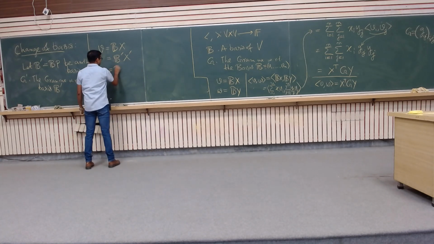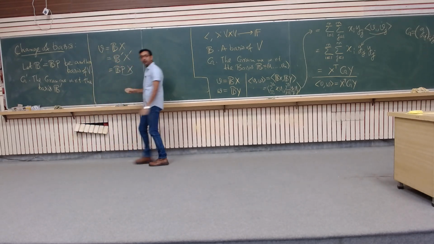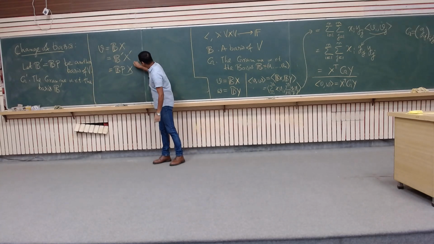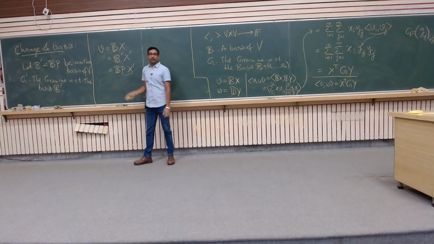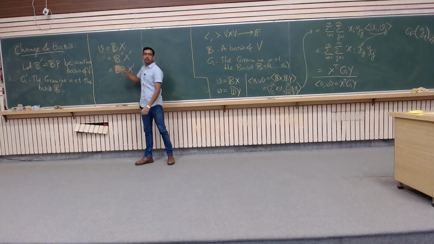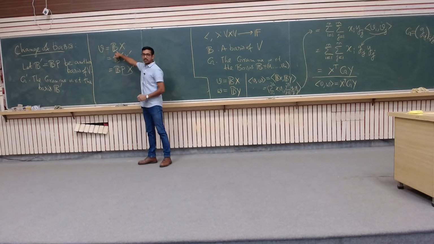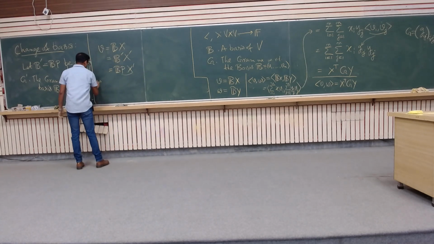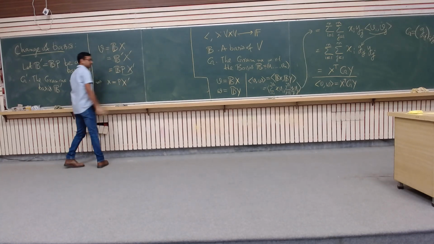So this is BPx dash, and this one is going to be equal to x, right? Because our vector v is expressed as a unique linear combination of the basis elements in B. That is if and only if x is equal to Px dash.